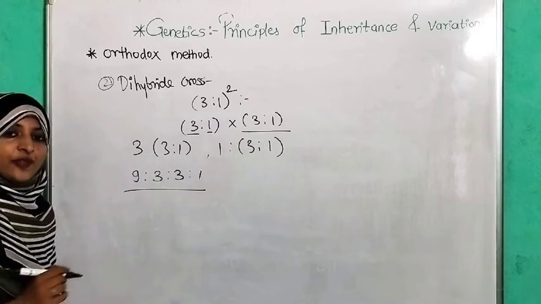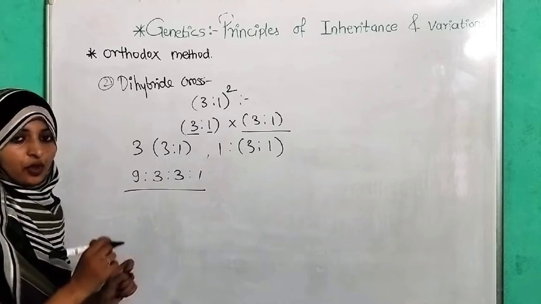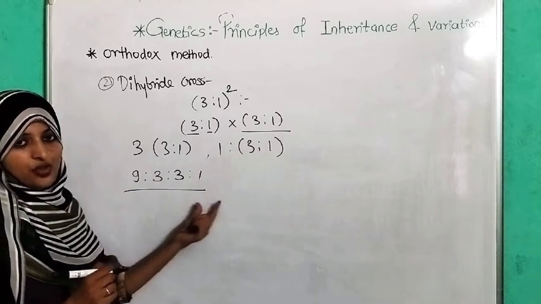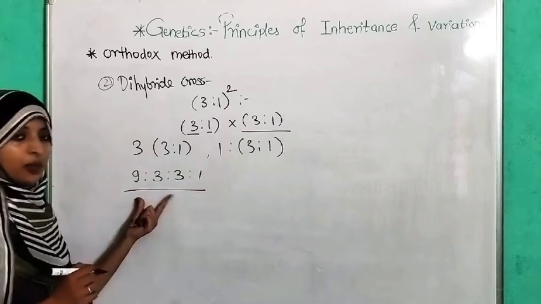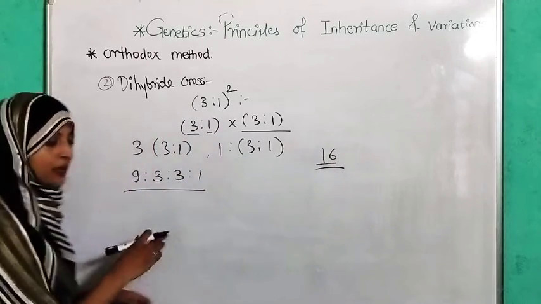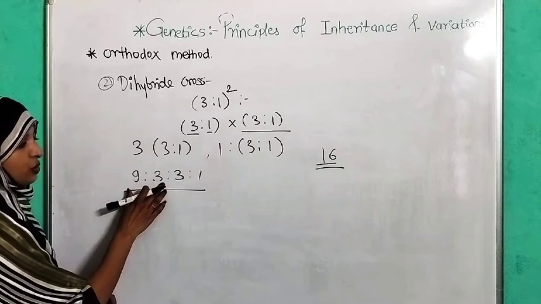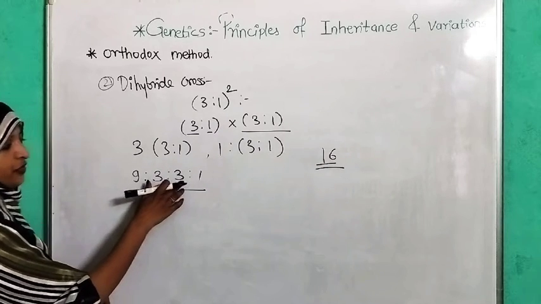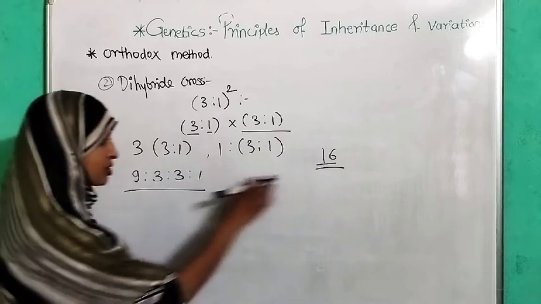We get the phenotypic ratio of the dihybrid cross as 9:3:3:1. The total should be 16, meaning the offspring should be 16: 9 plus 3 is 12, 12 plus 3 is 15, and 15 plus 1 is 16.